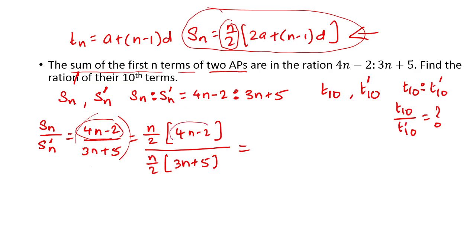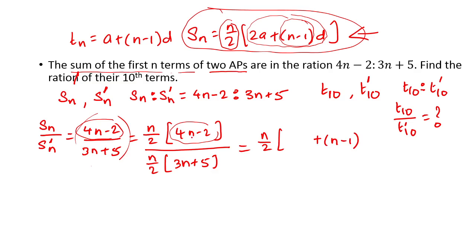So this inside thing, 4n minus 2, I have to express in this 2a plus n minus 1 into d form. I'll write this n by 2 as it is. Now I always want n minus 1 first, so I'll write n minus 1 first.